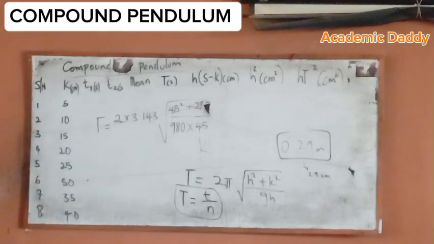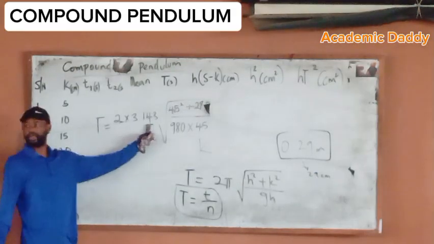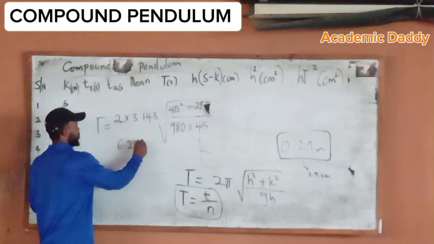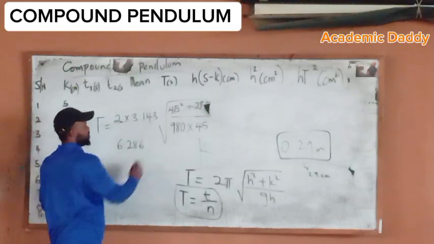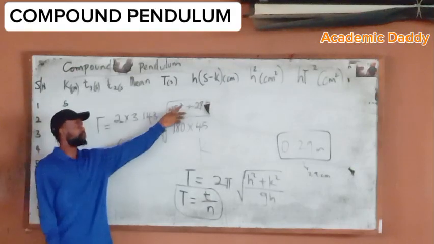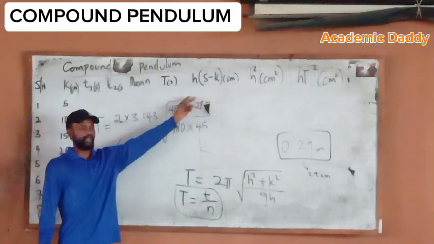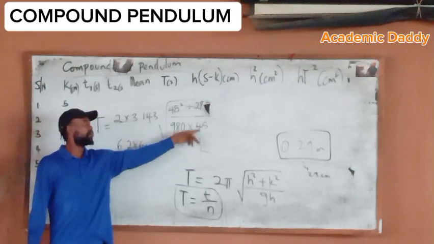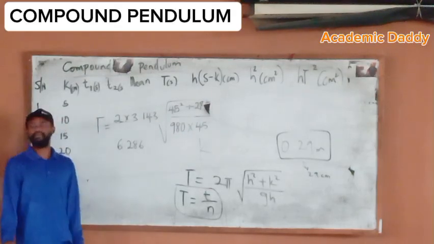Whatever you have. Nice. Okay, 2 times, and then the square root of this. You first of all do 45 square. Do 29 square. Add it up. Then do 980 times 45. Then take the square root of what you have.